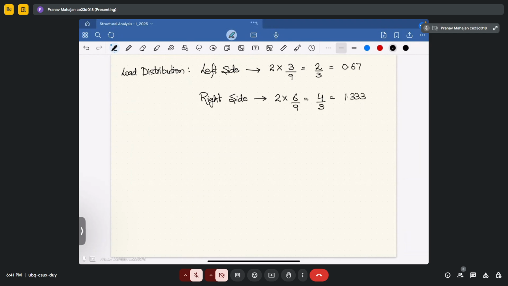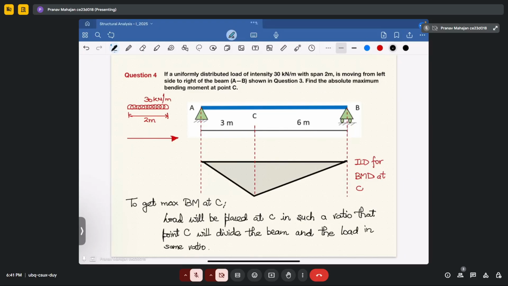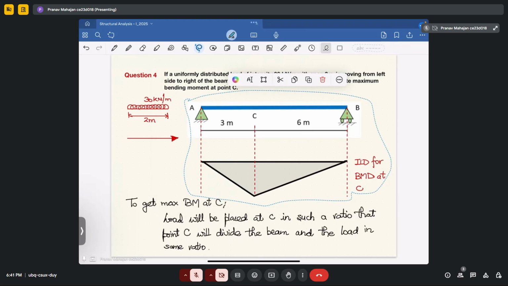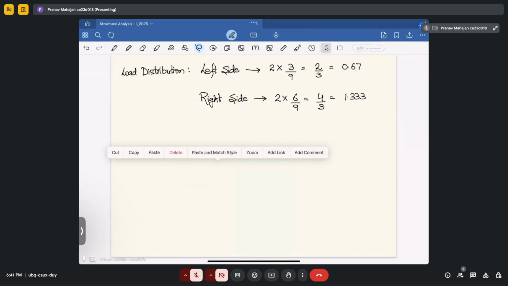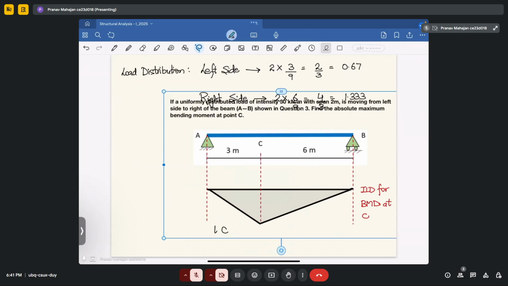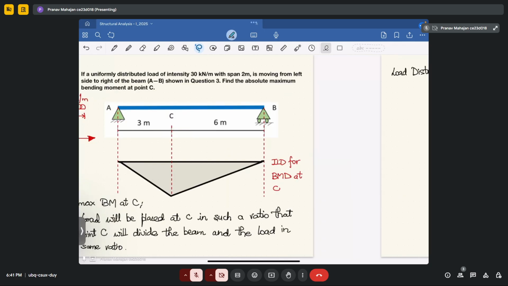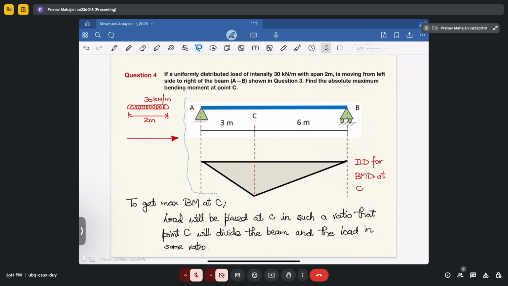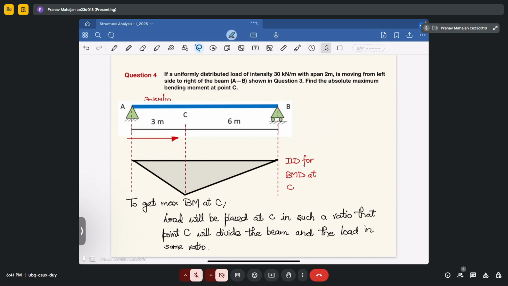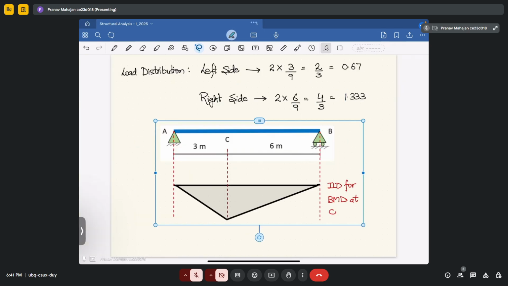Okay, now I will copy this diagram, then it will be easy for you to understand this thing. Fine.